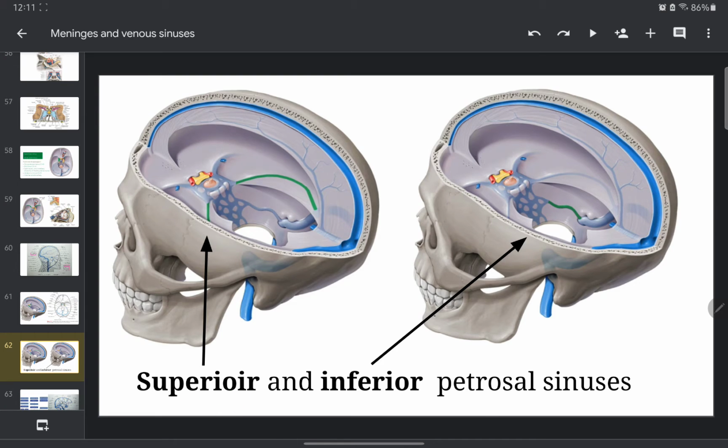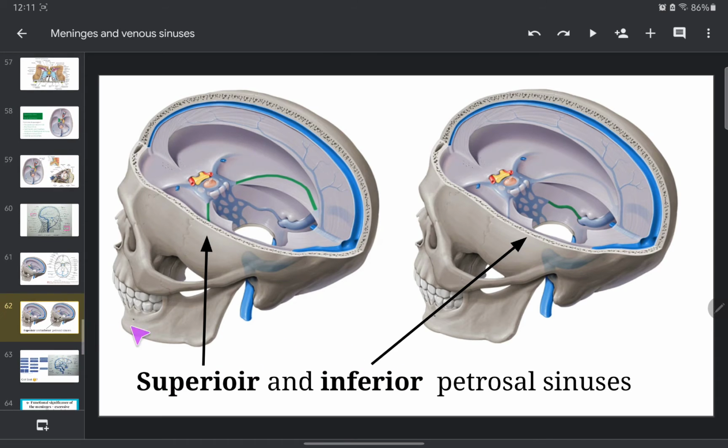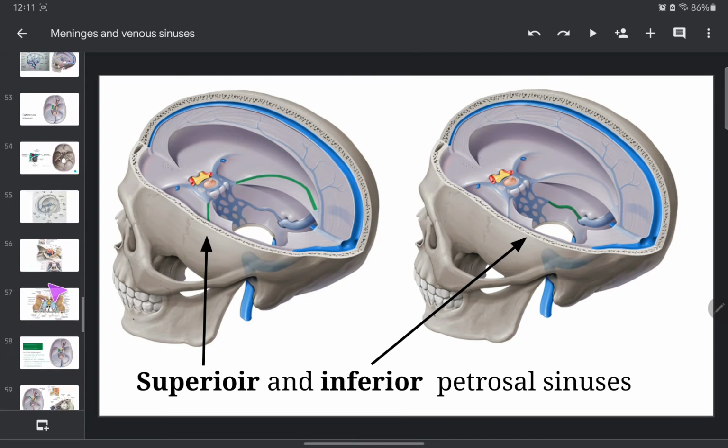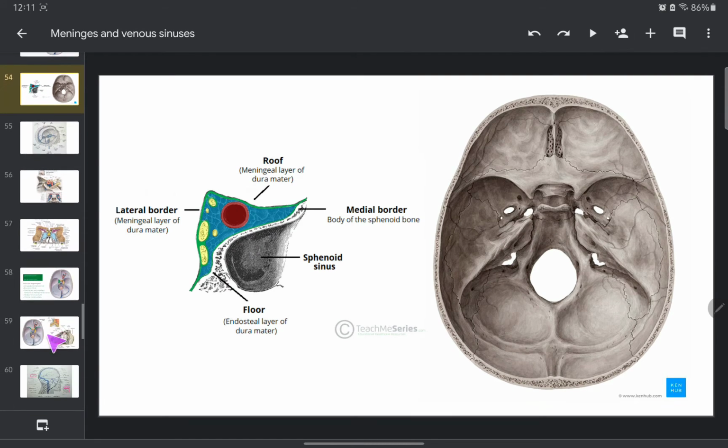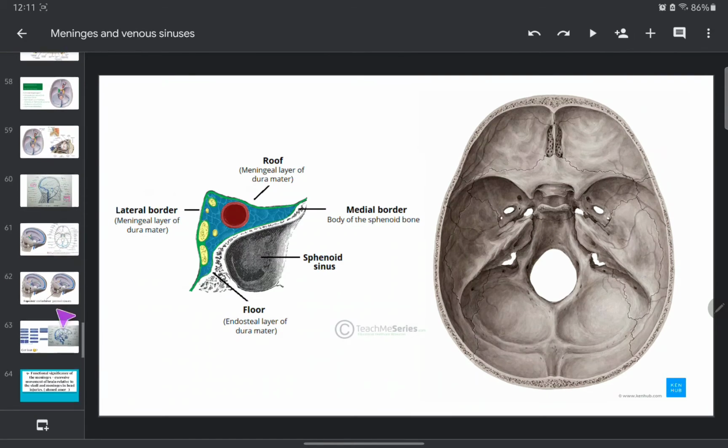It is just superior to the petrous bone, and they got the name because they run superior to and inferior to the petrous part of the temporal bone, which I already explained before. This is the petrous bone, so they run superior to and inferior to the petrous part of the temporal bone.